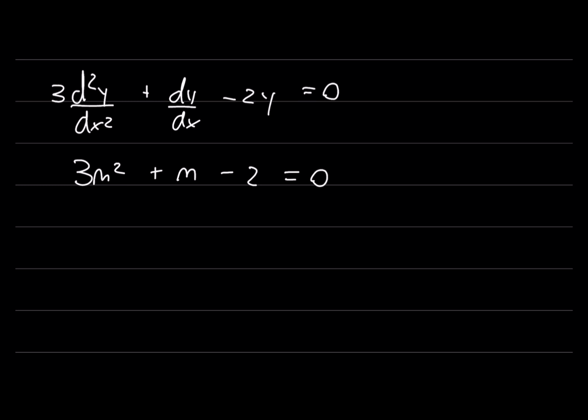In this case, we have to find two numbers that multiply to -6 but add to +1. So that's -2 and +3. So it's 3m squared plus 3m minus 2m minus 2 equals 0. Again, just factoring it.